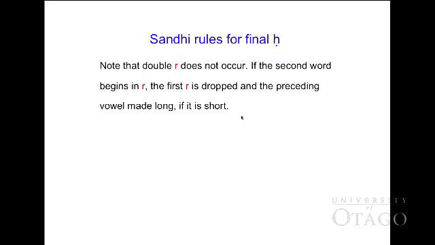Note that double r does not occur if the second word begins in r. The first r is dropped and the preceding vowel is made long if it is short.